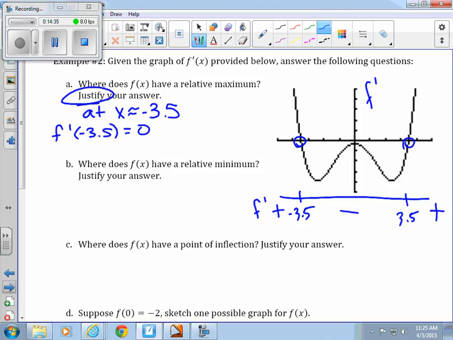First derivative at -3.5 equals 0. Now, is that enough to say it's a maximum? Do I still need to say it? Yeah, that's how I first figured out that it's a critical point.